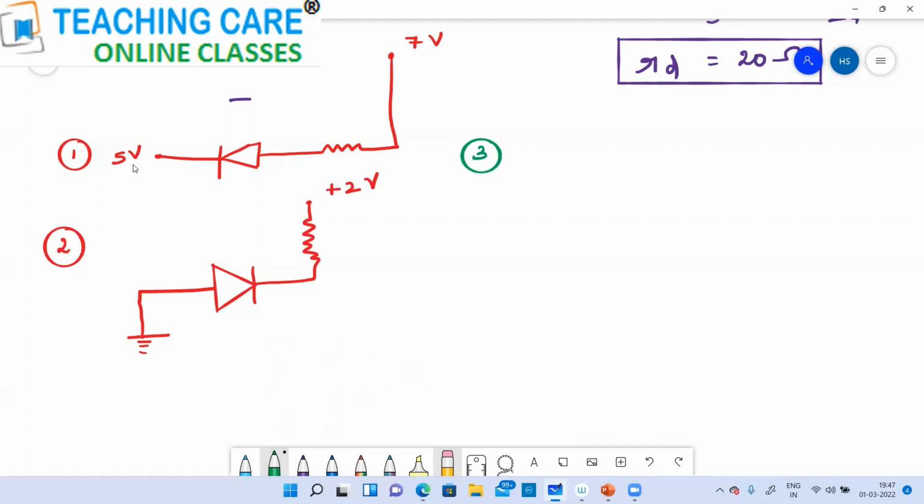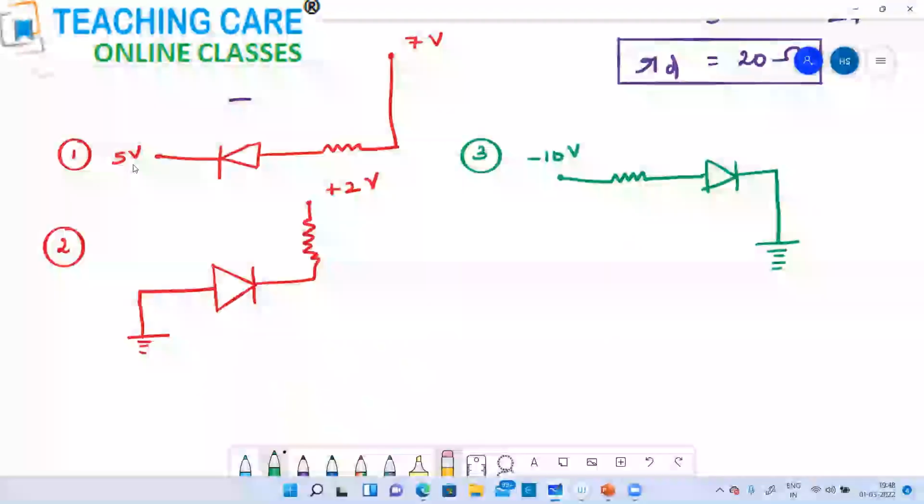Third one. Ground means it is 0 only. This would also be reverse bias, no?